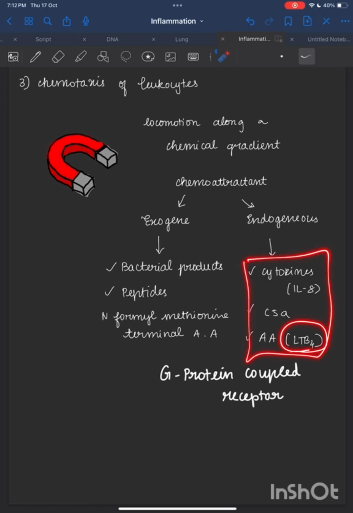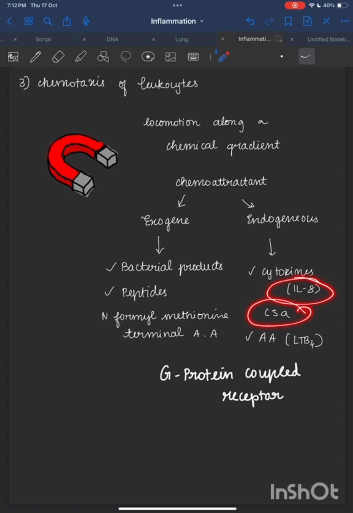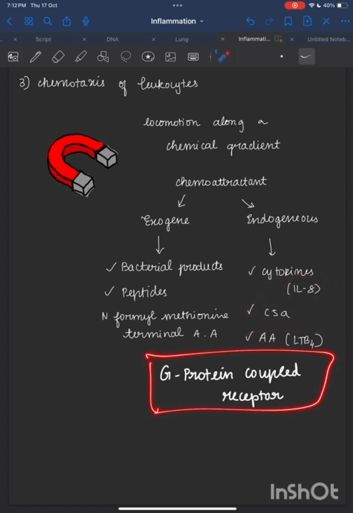These three are very important, try to remember that. These are endogenous, which are produced inside the body, and exogenous are foreign things which act as chemoattractants: bacterial products, peptides, and here interleukin 8, C5a, and LTB4. These are attached to G protein coupled receptors.